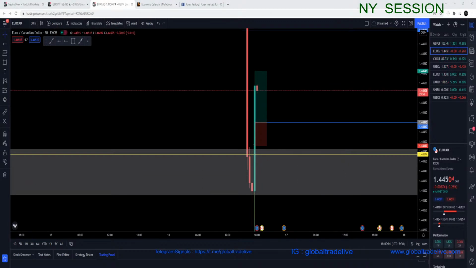Oh, candle closed with no wick. Shit. Man, it's coming down.